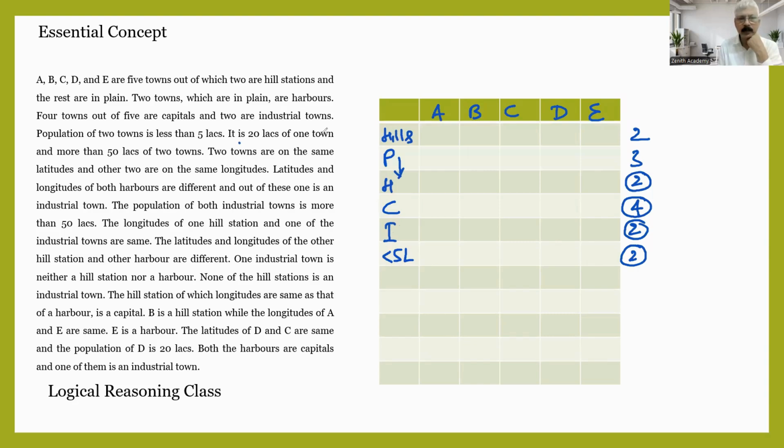It is 20 lakhs for 1 town, and more than 50 lakhs for 2 towns. 2 towns are on the same latitude, and the other two are on the same longitude.